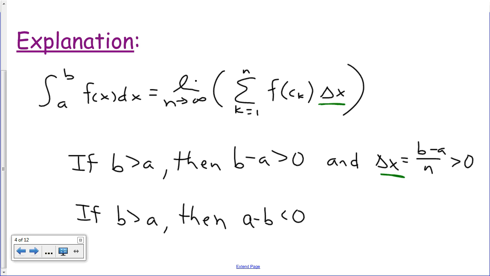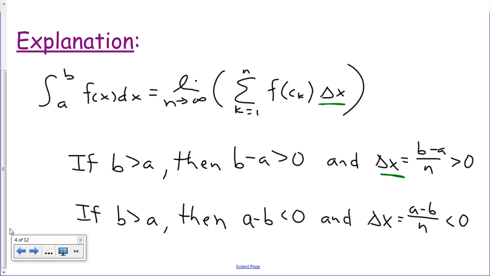A minus b must be negative, which means that when we calculate delta x from b to a, you take a minus b, which we just said was negative, and divide it by n, a positive number. This turns out to be less than 0.